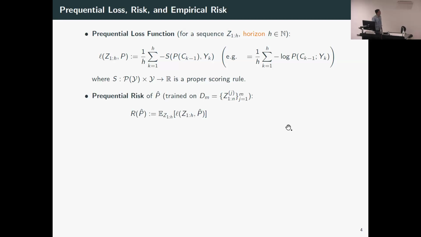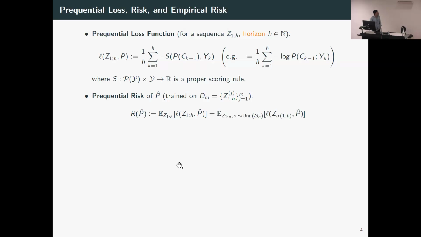Using this loss function, we can define a risk. The risk, which I'm writing R of P hat for some predictor P hat, is simply the expectation of the loss on a new test point. Z_1 to H is a new data sequence that comes from the underlying distribution, so these are IID copies, identically distributed as Z_1 to H and independent.